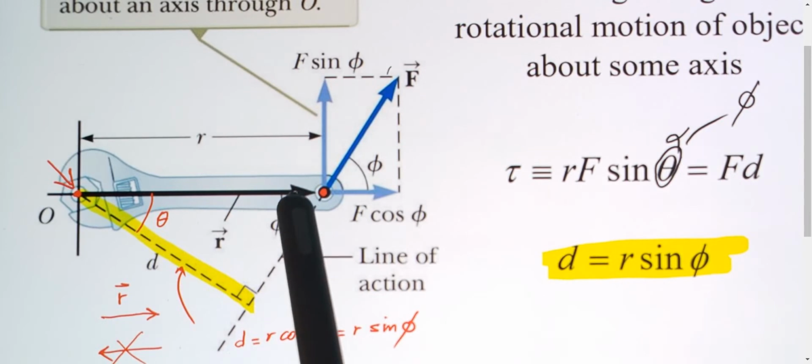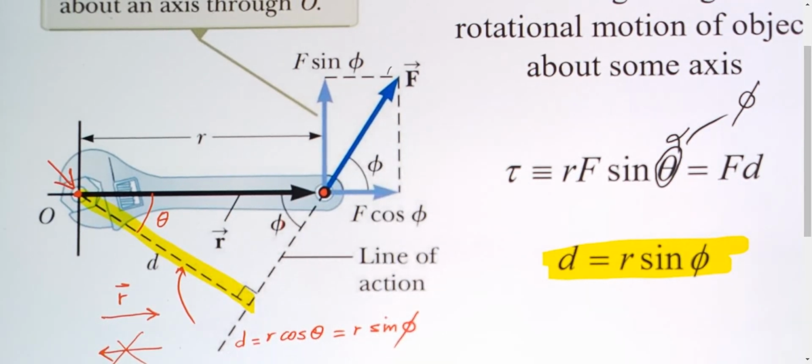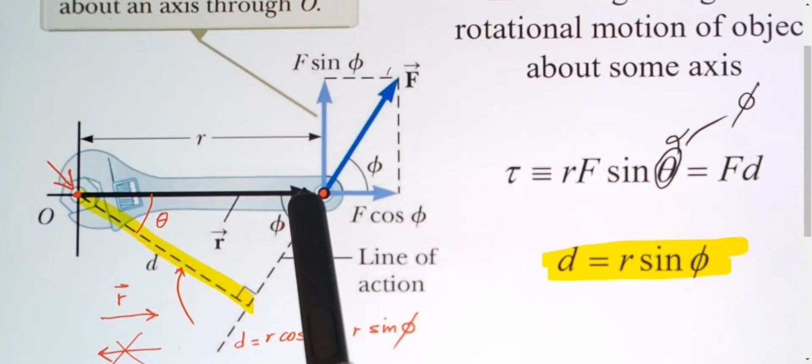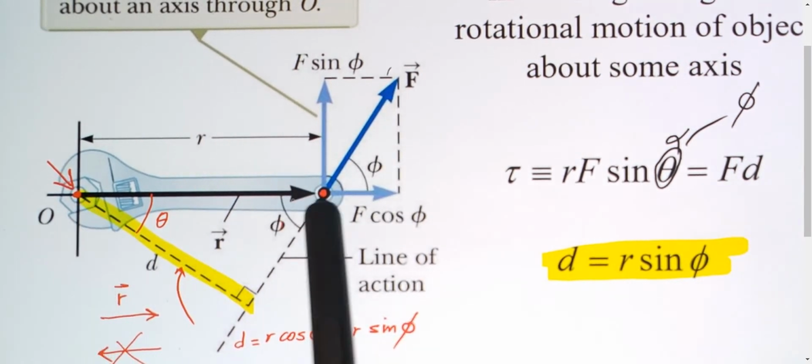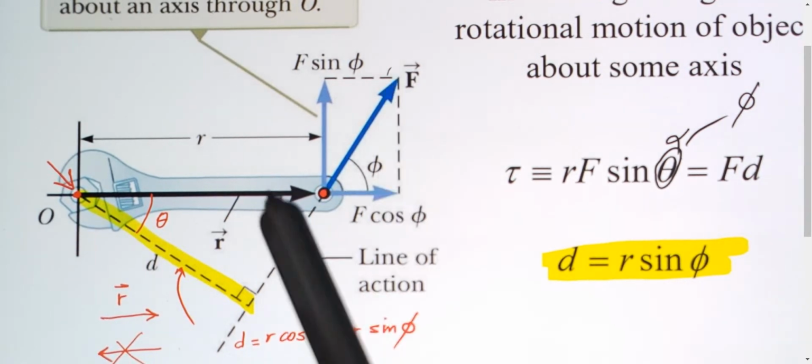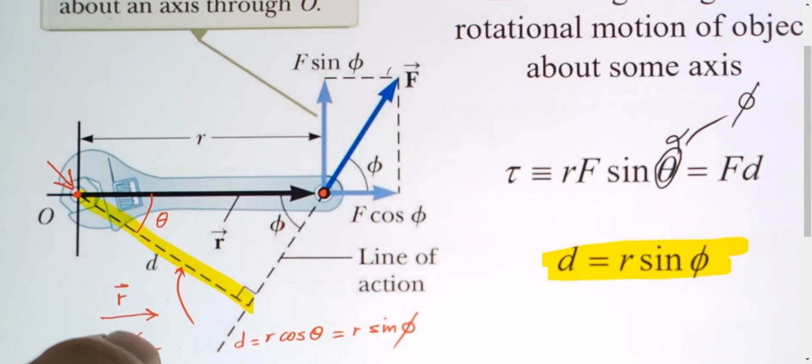So it's the angle between r and F. However, we didn't cover that in detail because that will be covered in chapter 11, and we don't have time to do chapter 11. So the angle is the angle between F and r. r is a vector and F is a vector. In the previous example, F was downwards and the angle was 90 degrees between r and the force. It's up to me to call it phi or theta.